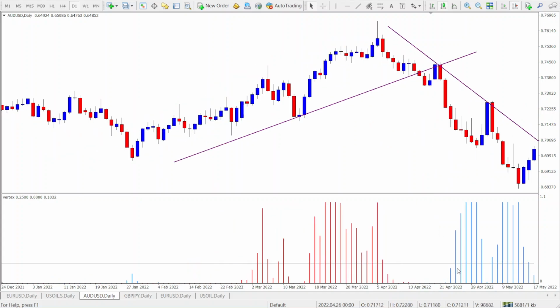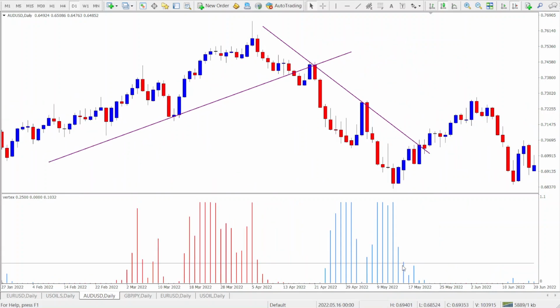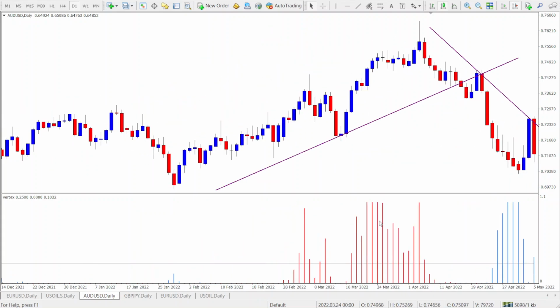So how do you identify good trading opportunities? You can see that there is a horizontal line here. When there is significant momentum in the market, you will find that the bars go beyond this horizontal line.